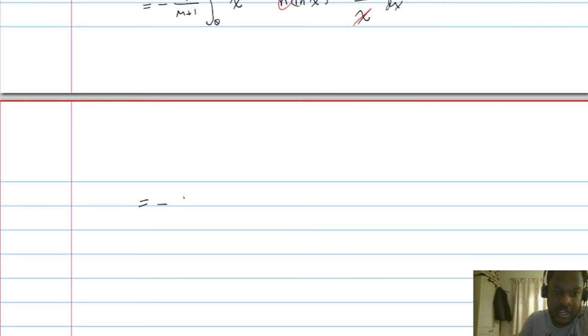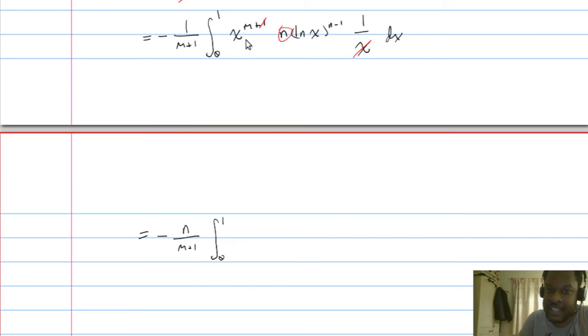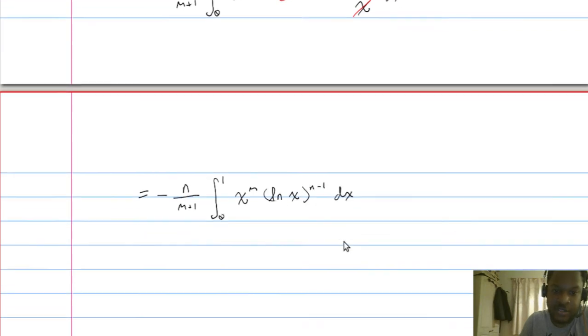So that's minus n over m plus 1, the integral from 0 to 1. Remember, we cancelled one of those factors of x, so we end up with x to the m, but now we have the natural logarithm of x to the n minus 1, integrated with respect to x.